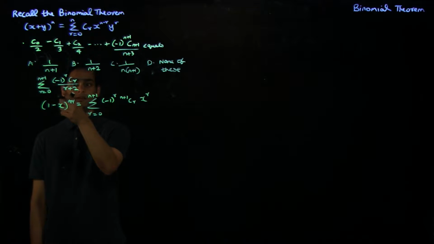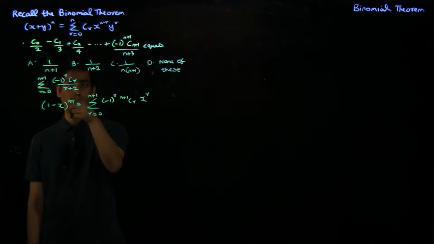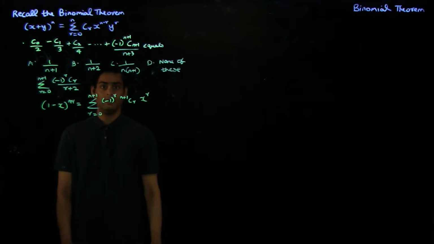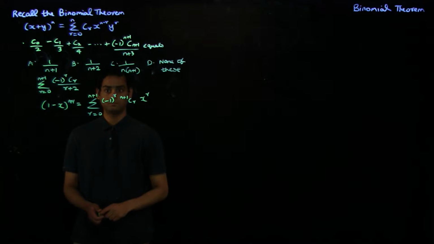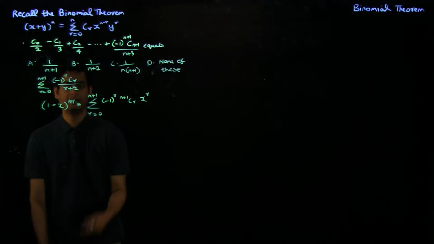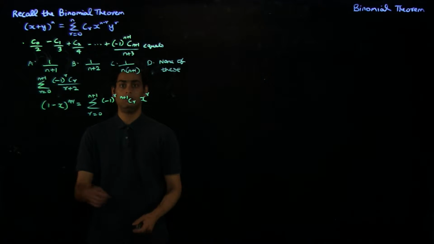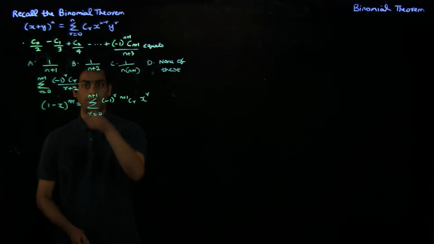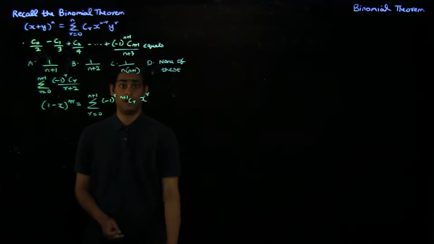Notice that this summation requires you to divide by r plus 2. Since we only have x^r, integrating this equality will only give us a denominator of r plus 1, but we want a denominator of r plus 2.